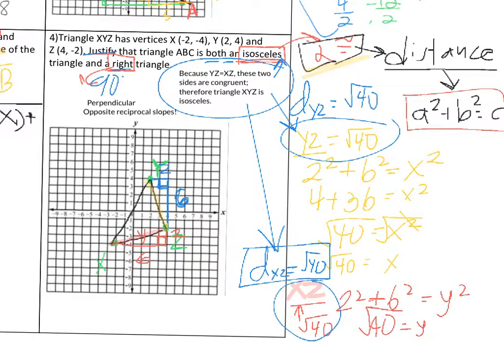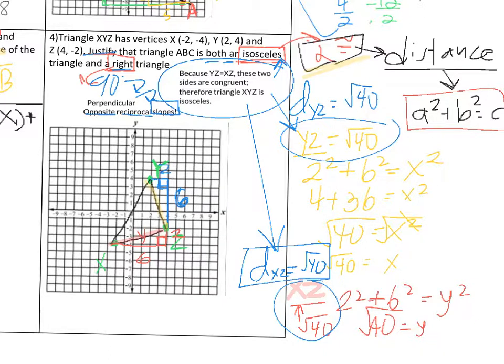All of these things should come to mind as soon as you hear a right triangle: 90 degrees, perpendicular, opposite reciprocal slopes. And as soon as you hear this word slope, you're thinking, I need to find the slope and prove that they are opposite reciprocals in order to prove that this is a right triangle. It's kind of like you're a lawyer fighting a case. You have to prove that this is true.